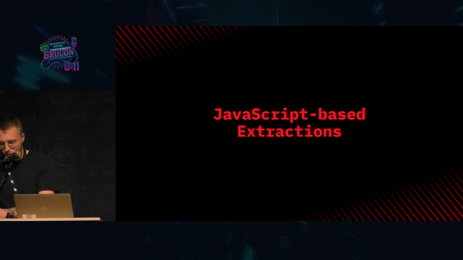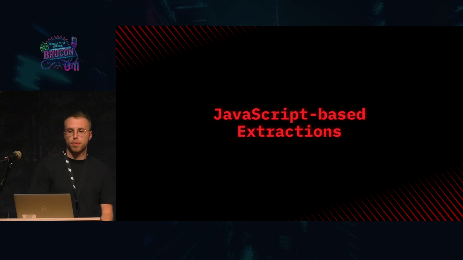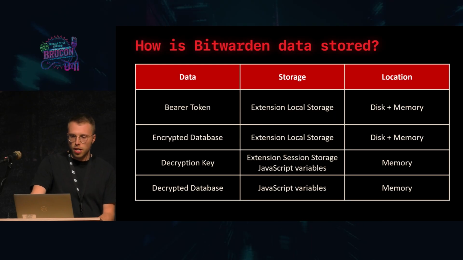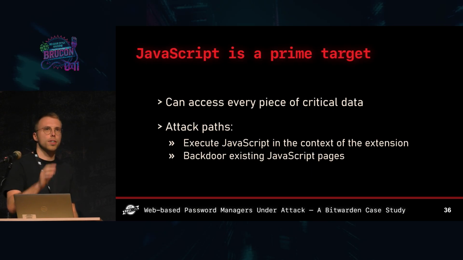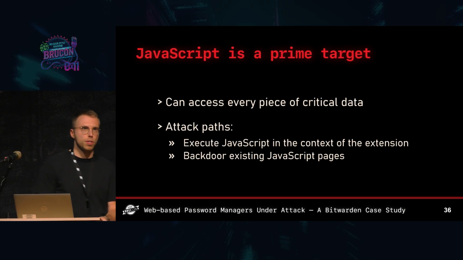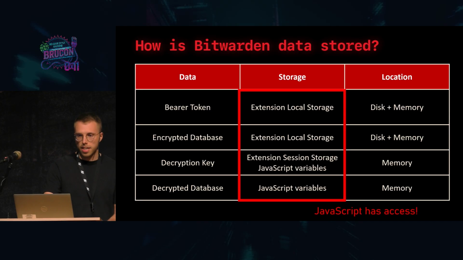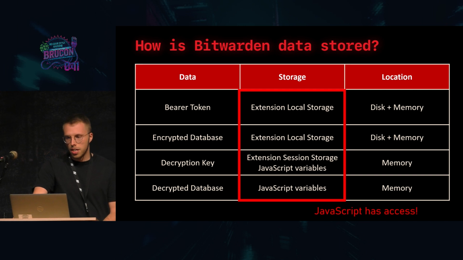Now that we talk about this memory parsing, if we go back to this slide, we can also notice something interesting: all of the storage locations in the browser are accessible by JavaScript. So JavaScript execution is a prime target to extract passwords, because it can access any piece of interesting data here.